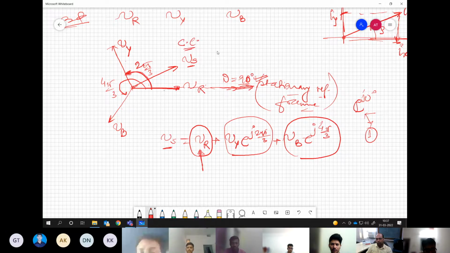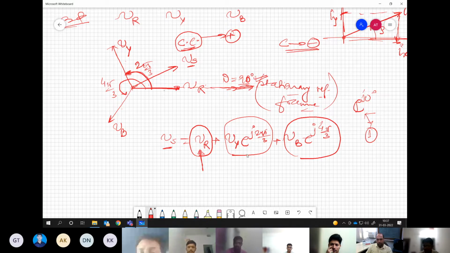Always remember, whatever angle we are measuring must be measured in the counterclockwise direction. This is considered a positive angle. If you go clockwise, it will be considered a negative angle. Fine. Definitions are clear? Yes, sir.